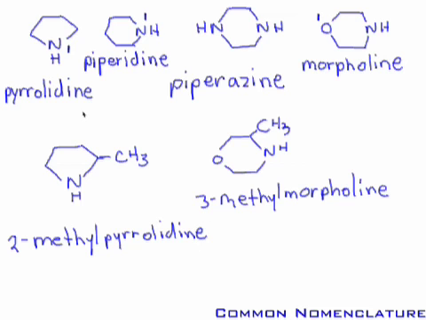Now, the terminology pyrrolidine, piperidine, piperazine, morpholine, these names often occurred prior to IUPAC nomenclature, and some of them are common names. Which brings us to the common nomenclature utilized for the naming of amines. Under common nomenclature, amines are named as alkyl amines, all one word, and again, N is used as the locant to identify substituents.